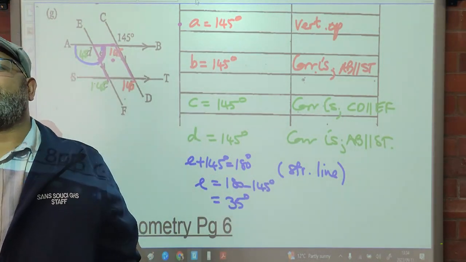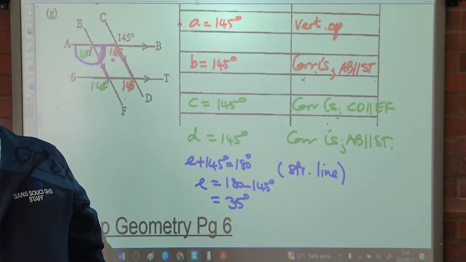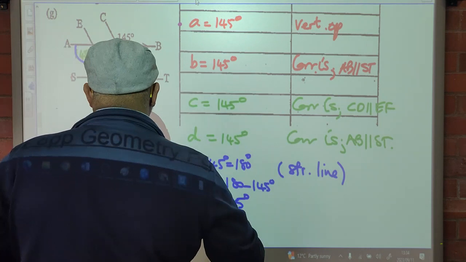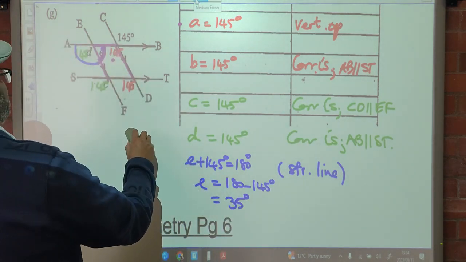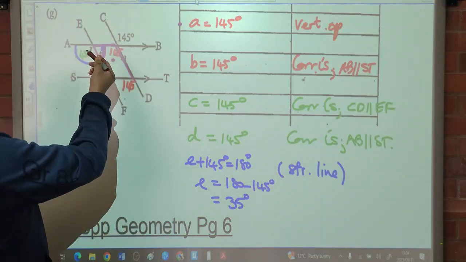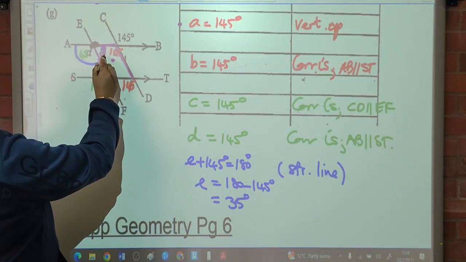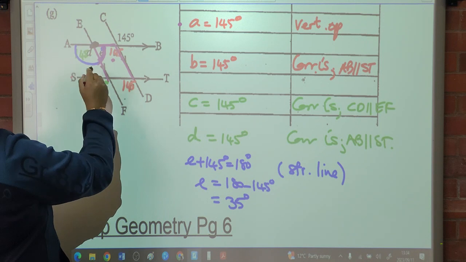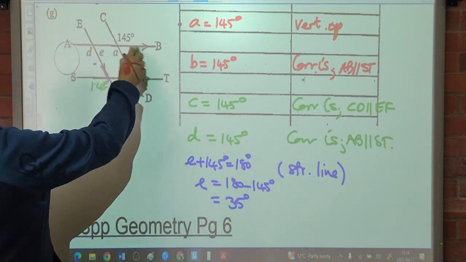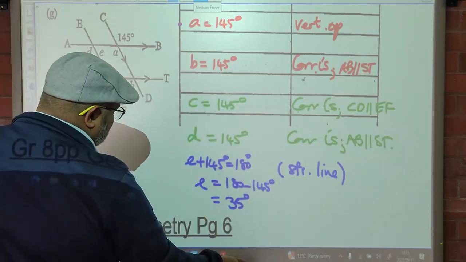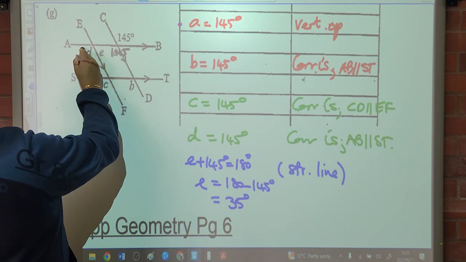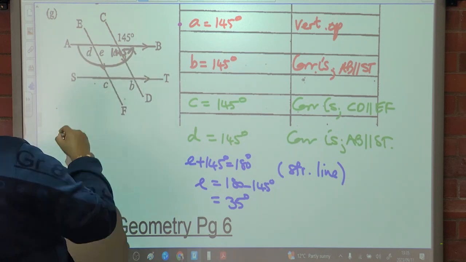Yes, Michael. So that was the work out of E. So you're getting confused. To calculate E, you must remember what many students get confused about. They say that because they got that as 145, it is angles on a straight line.